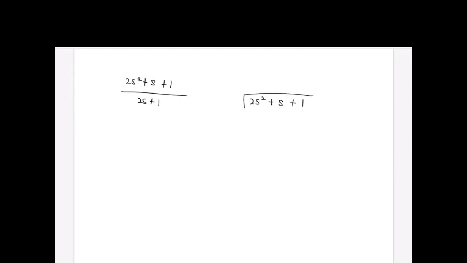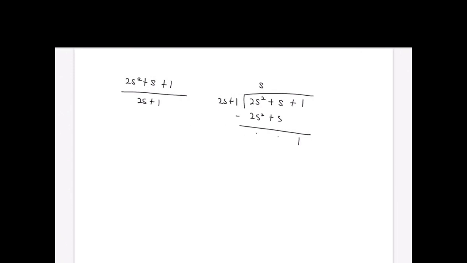So 2s squared plus s plus 1 divided by 2s plus 1, and we multiply by s to get 2s squared plus s. Subtracting: 2s squared minus 2s squared is 0, s minus s is 0, and I have 1.